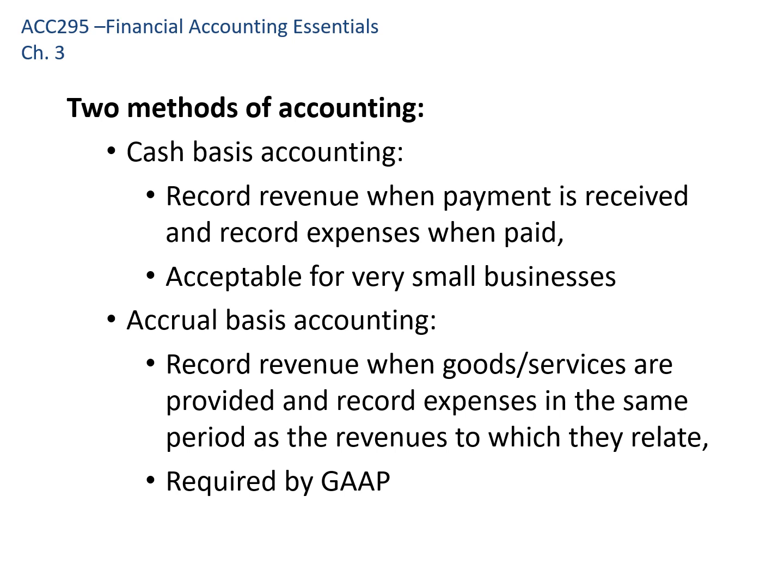Very small businesses can do that, but in order to be compliant with generally accepted accounting principles, or GAAP, we have to do accrual accounting. And the difference between accrual accounting and cash-based accounting is that with accrual accounting, we're going to recognize revenue when we provide goods and services to a customer. And we're going to record expenses in the same period as the revenues to which they relate, regardless of when those things happen, when the payments happen.